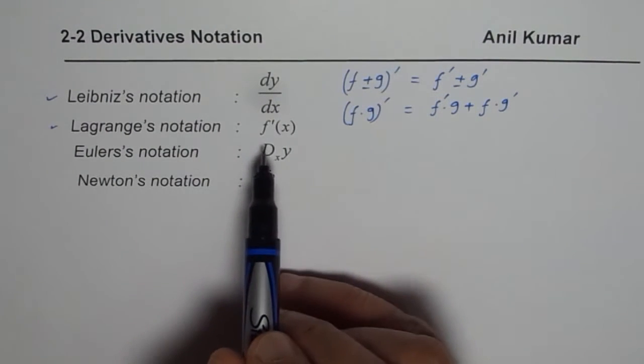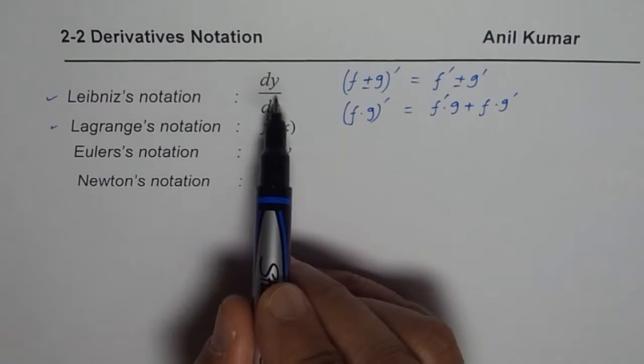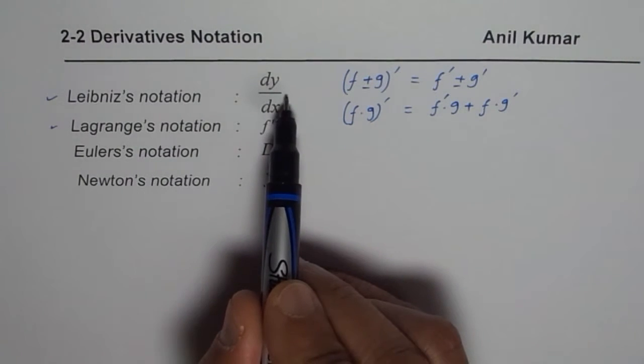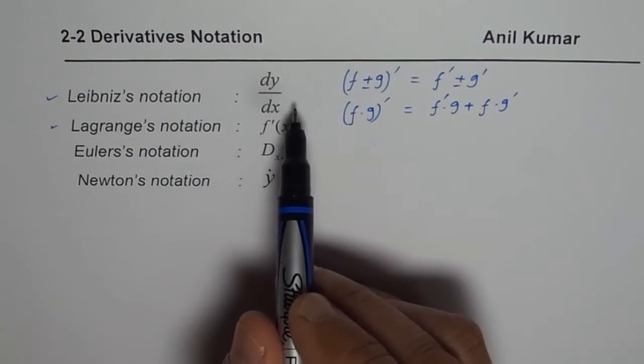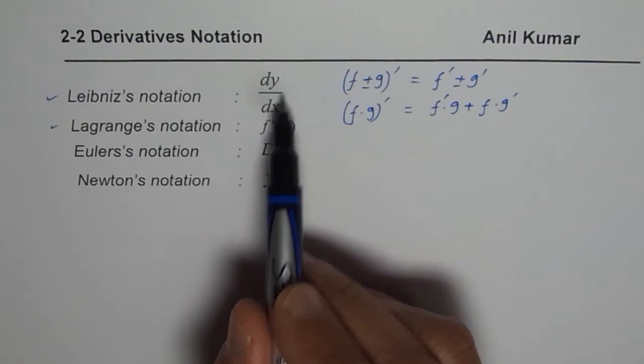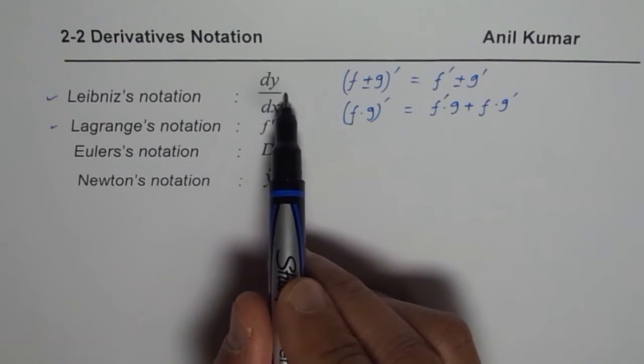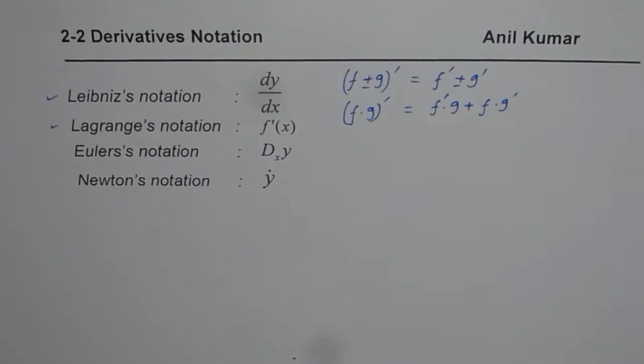So you should get into the practice of using this notation. I'm not saying that you must, but I prefer you to get used to using Leibniz notation right from the very beginning. It will be very helpful to you. That's my suggestion. Now, another way to look into this is which notation to use when. It sometimes depends on the question also.